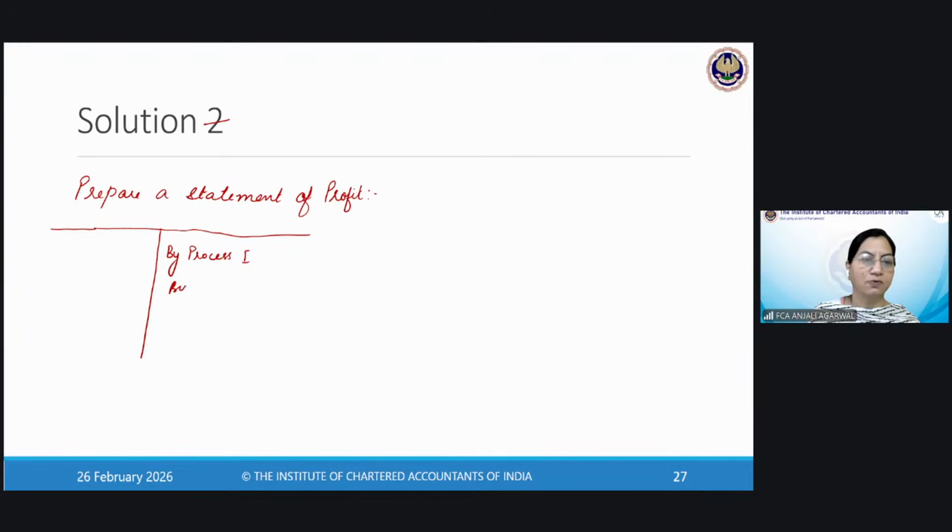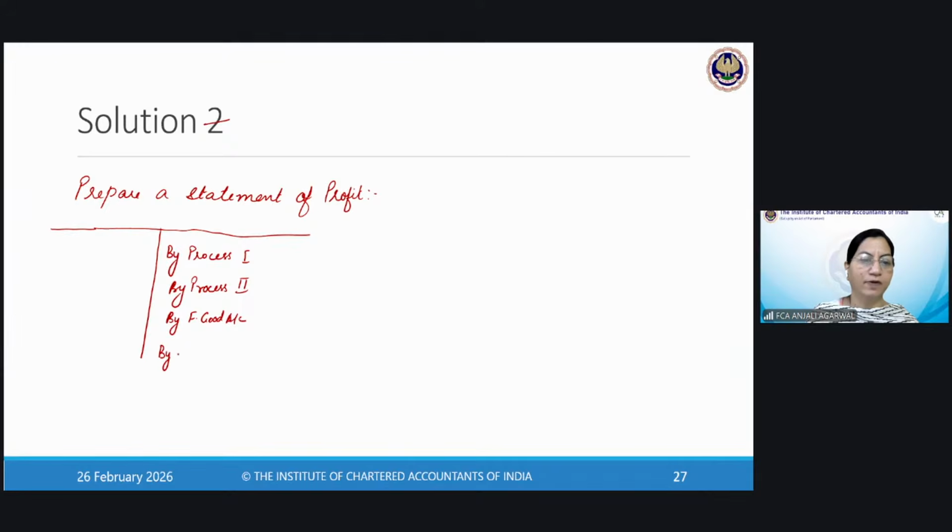By process two, what was the profit? By finished goods account or finished stock account, what was the profit?